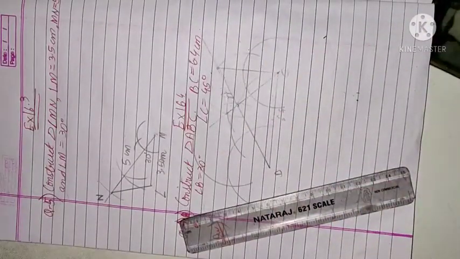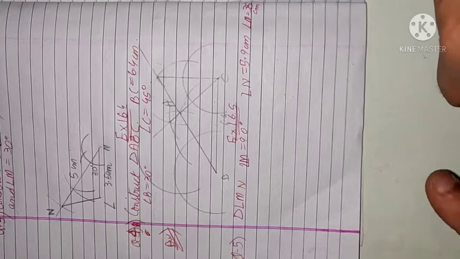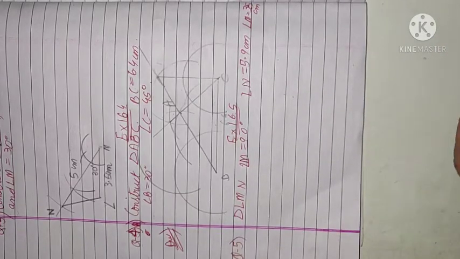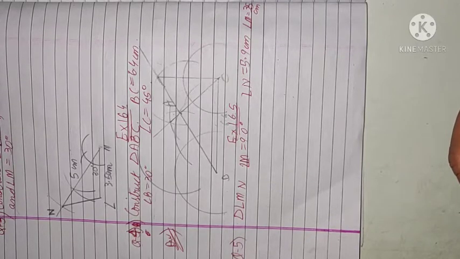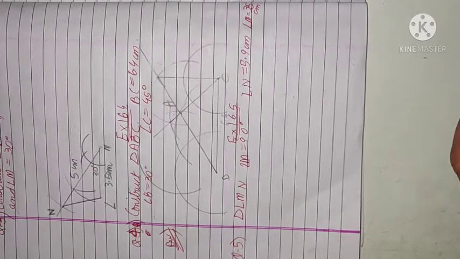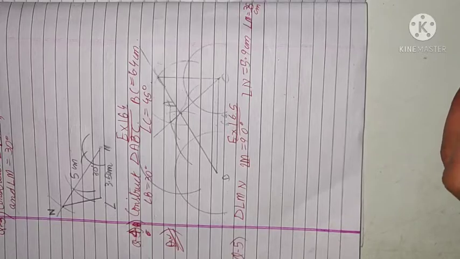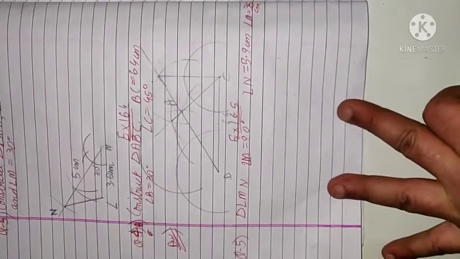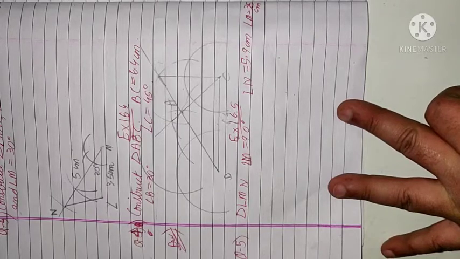Okay. So now this is our next figure. Here we have to construct a triangle which is right angled at M. That is, angle M is 90 degrees and LN is 5.9 and LM is 3.5. So here, to make M, an angle is always made on the base. If we construct the LN line on the base, that is 5.9 centimeters, we won't get a point M here.